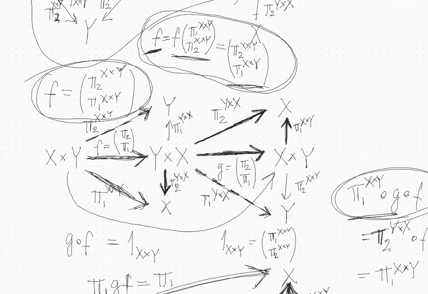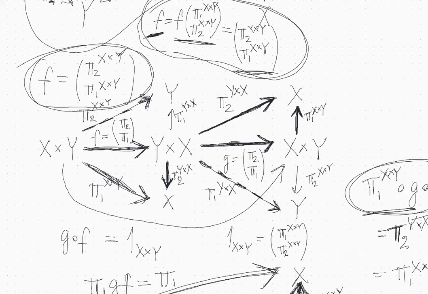So g was defined in terms of pi2 of y cross x, not x cross y, right? Yes. So we don't really know how to compute this one, right?